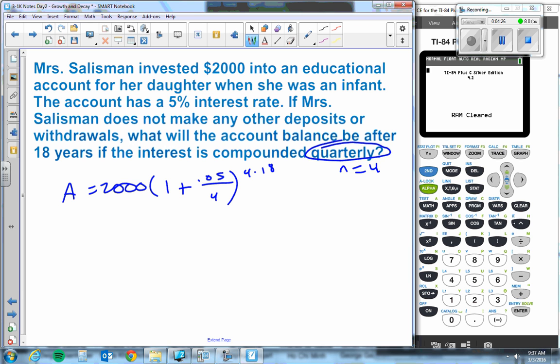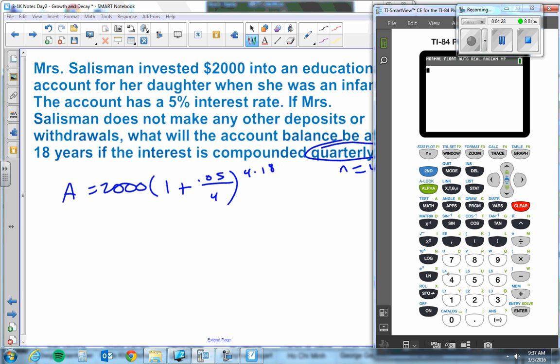All right, now let's just type the thing in. And just be careful. Frankly, with these newer calculators, it's harder to mess it up because you can type it in such a way that it looks like what's on your paper, much more so than you could in the past.